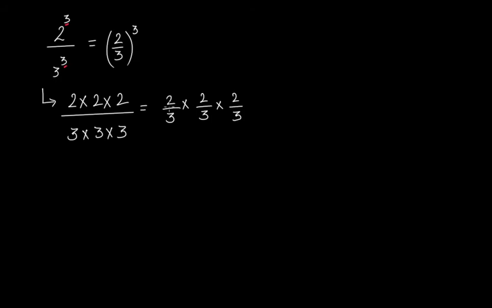So how many times are we multiplying 2 divided by 3 with itself? Clearly 3 times. So in exponential form, this will be 2 divided by 3 to the third power. Why third? Because we are multiplying 2 divided by 3 with itself 3 times. So it's exactly the same.